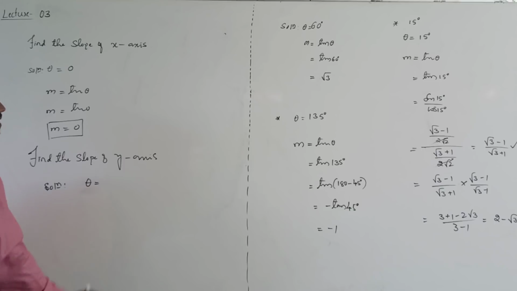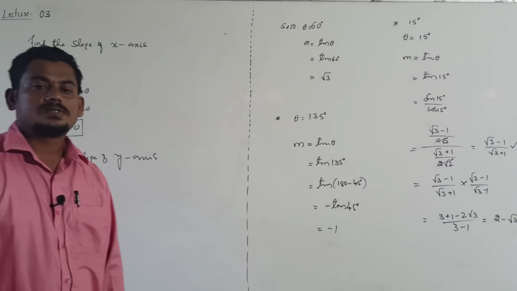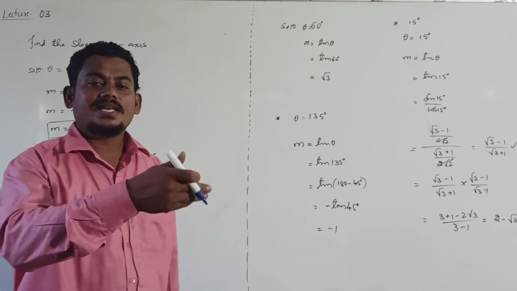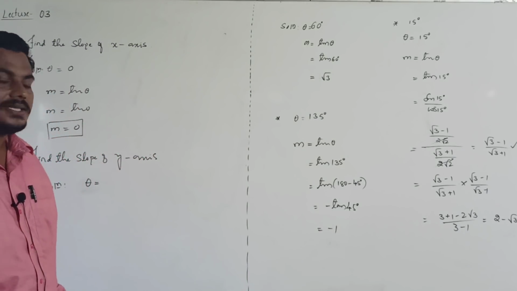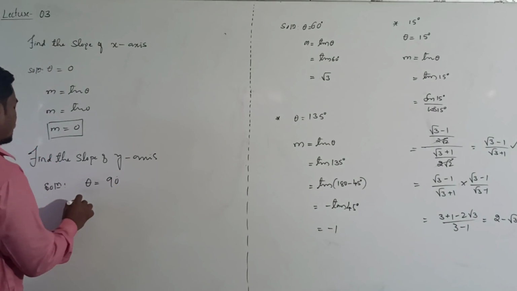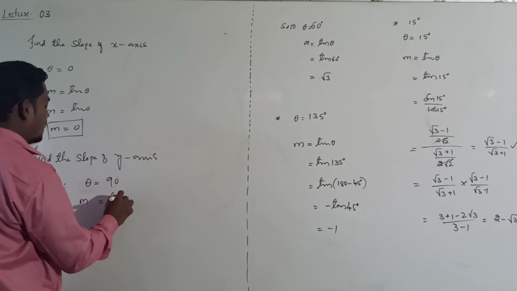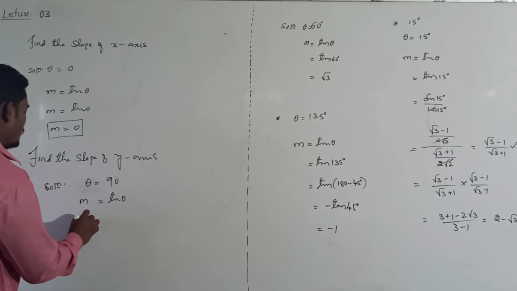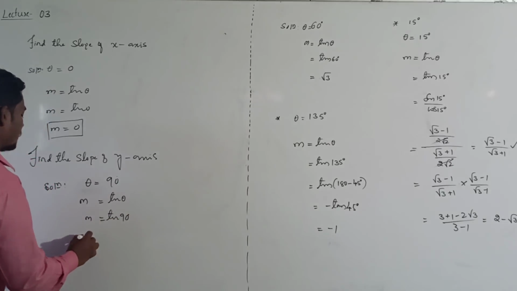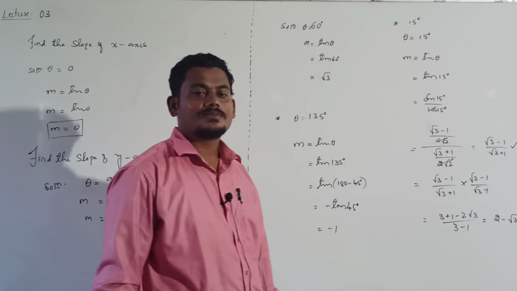Not slope, first, what is the inclination of y-axis? Inclination means the angle made by the line with x-axis. Inclination of y-axis is 90 degree. Then slope m is equal to tan theta. Then m is equal to tan 90.